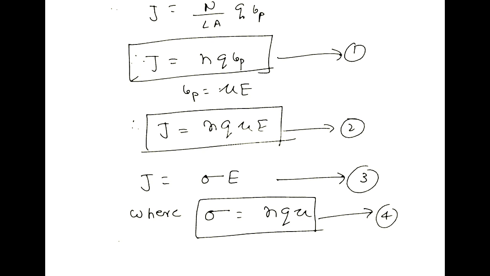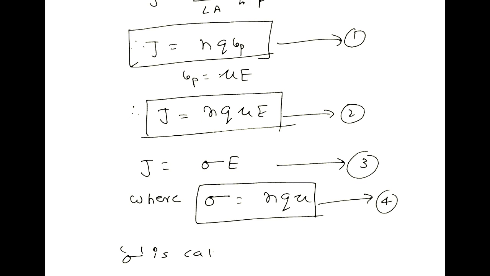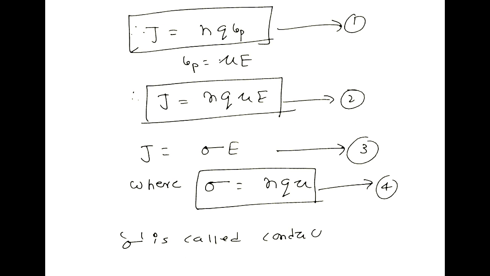Sigma is called the conductivity of the material and is measured in ohm meter inverse. As it is the reciprocal of resistivity, we can also write sigma is equal to 1 by rho, where rho is resistivity.